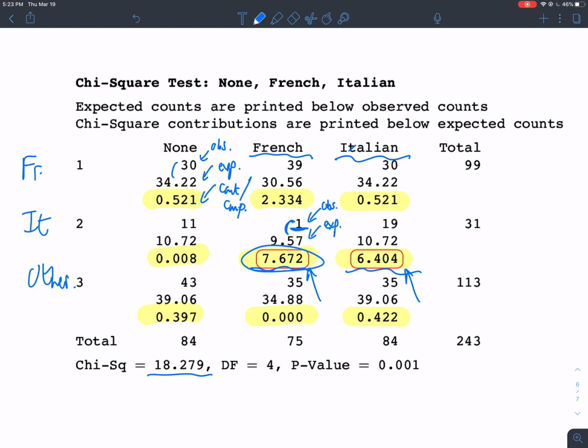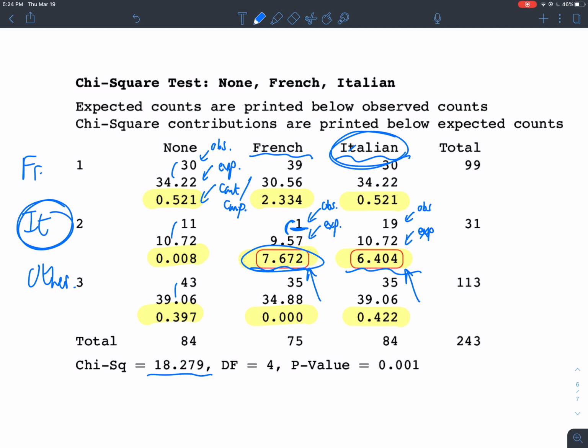You can look at the other ones, they're all fairly close. Not too bad, okay? And then the other way to interpret this is what I observed, the number of Italian entrees that were ordered when Italian music was playing, was way more than what I expected.